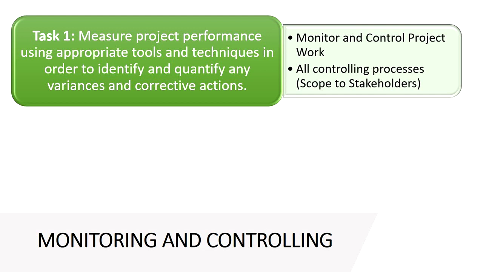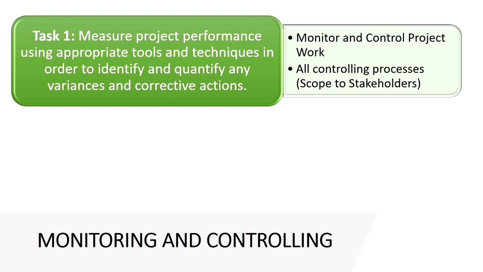In some way, you should also be thinking about the perform integrated change control process, because that could give us an idea of how well we're managing changes when we take a look at the change log. But there's no feedback loop from that back into monitor and control project work. Instead, monitor and control project work feeds perform integrated change control with work performance reports.